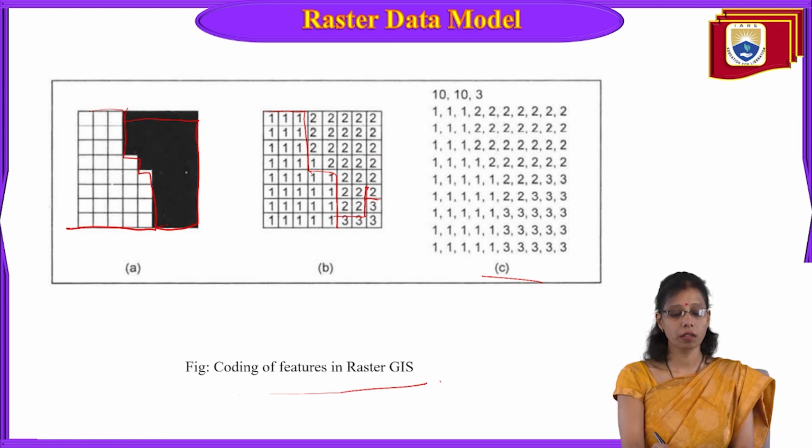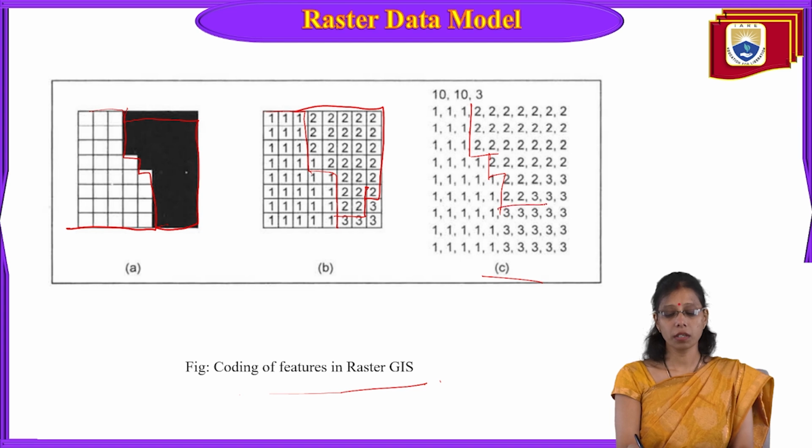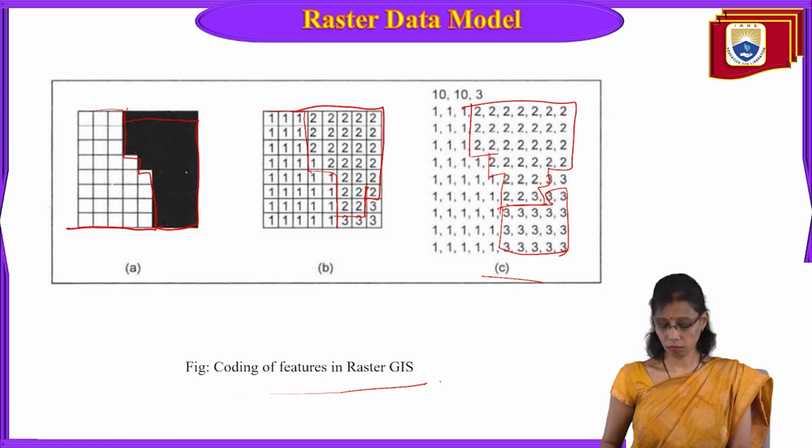In the previous slide also you have seen the same. So 2 is a similar one, 1 is a similar one, 3 is a similar one. Similar features are represented as A, B and C.